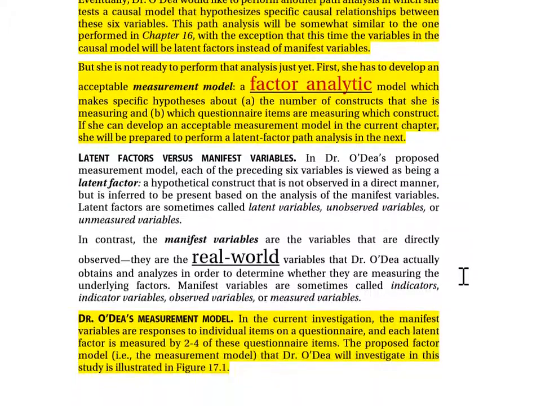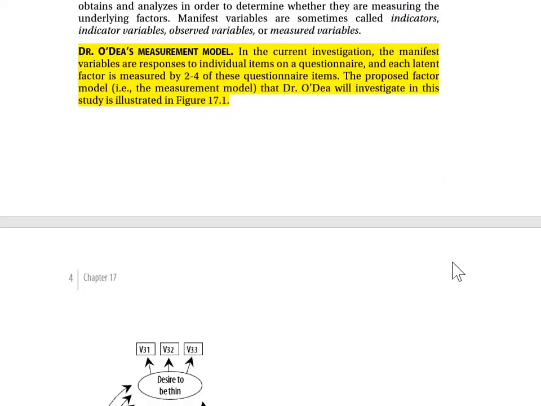What do you mean, measurement model? You've already seen Dr. O'Day's measurement model. In the current investigation, manifest variables are responses to individual items on a questionnaire. Each latent factor is measured by 2 to 4 of these questionnaire items. The proposed factor model, that is the measurement model that Dr. O'Day investigates in this study, is illustrated in Figure 17.1.